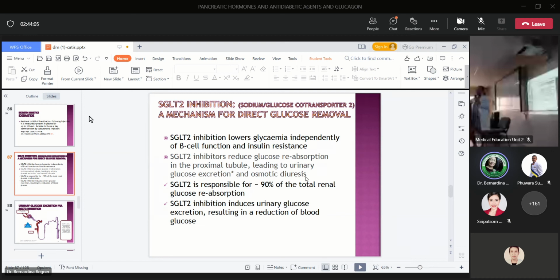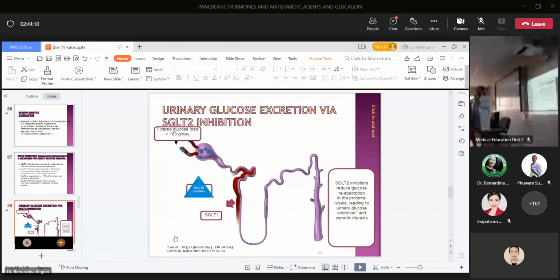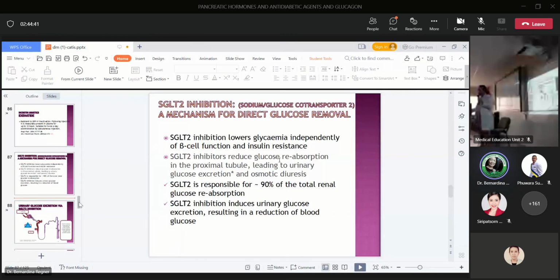So that's the mechanism of your SGLT2 inhibitors. Here you have your filtered glucose load of more than 180 grams per day. You give an SGLT2 inhibitor, it will reduce glucose reabsorption in the proximal tubule, leading to urinary glucose excretion and osmotic diuresis. So, direct removal of glucose.